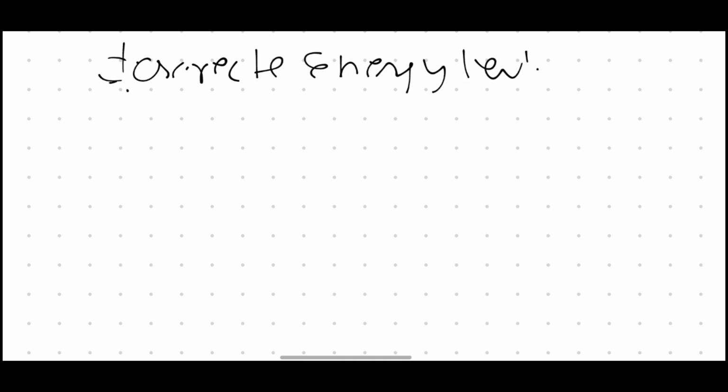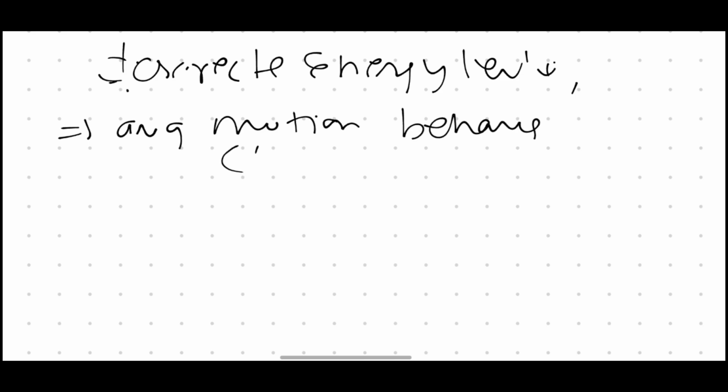So we know that even if it has a similar equation, it still has something like discrete energy levels. But the average motion behaves classically, right? Why, if you may ask?